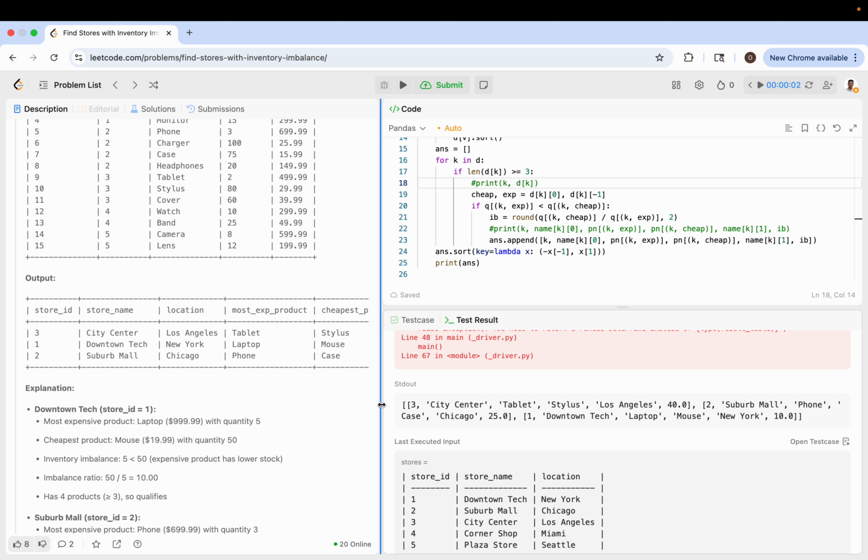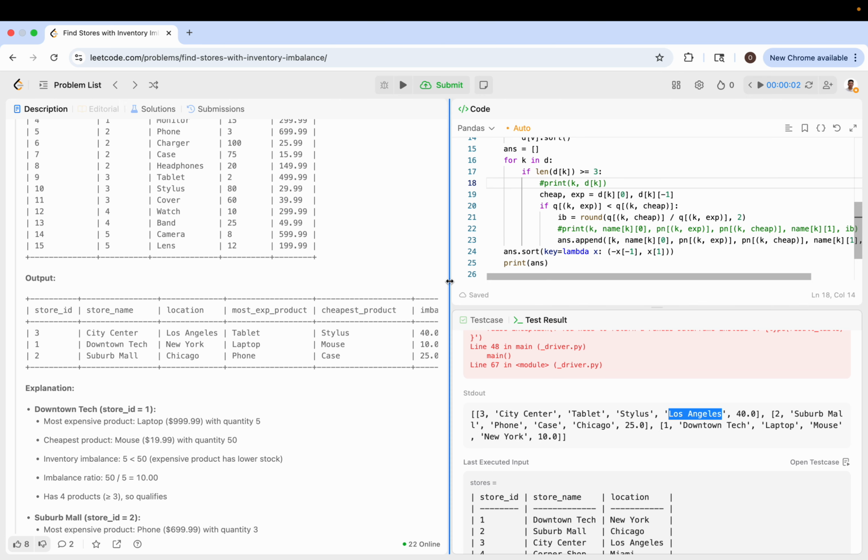So 3, city center. Looks like we got this messed up a little bit, so we want the location. Yeah, we got this messed up a little bit. Let's go ahead and just gather them correctly. So the store, this, the location.